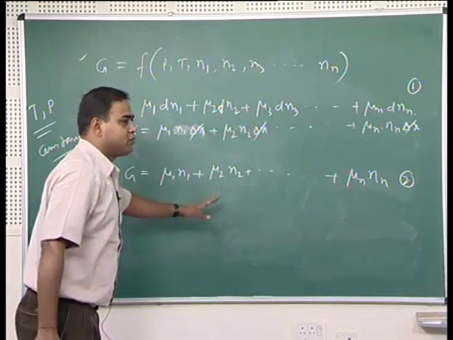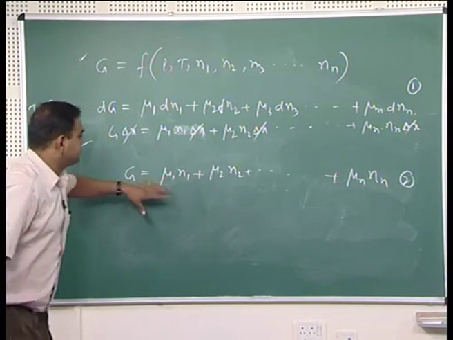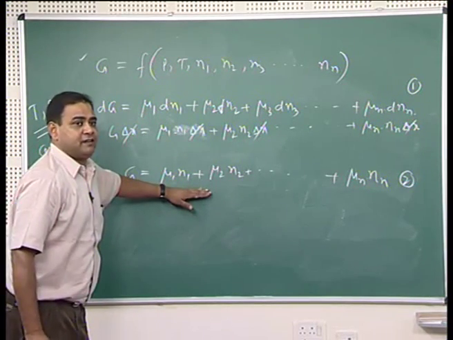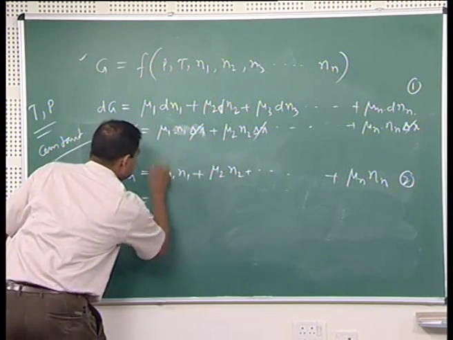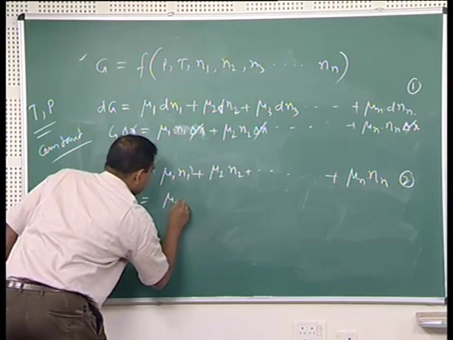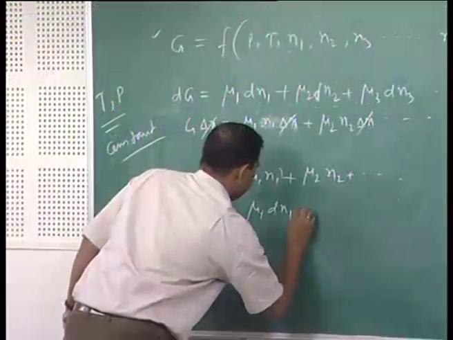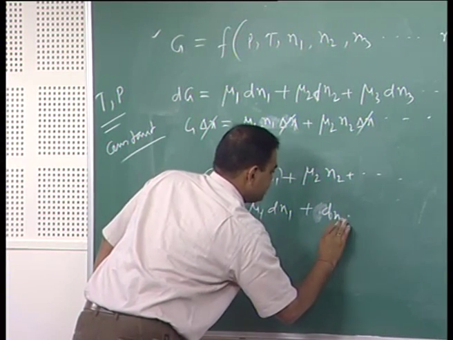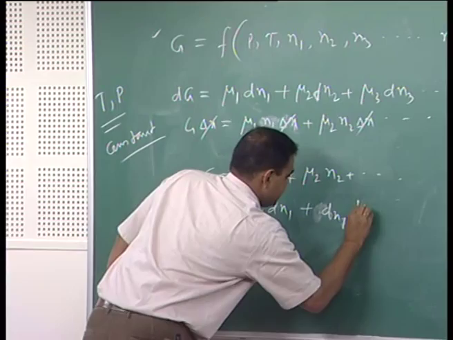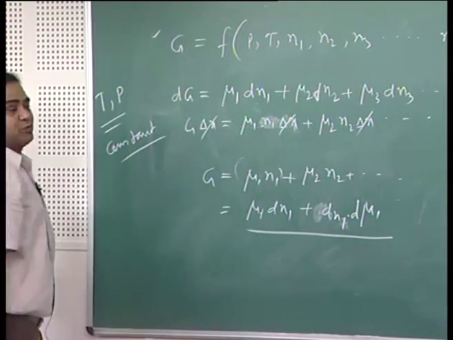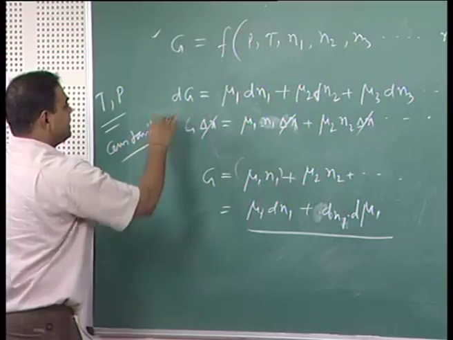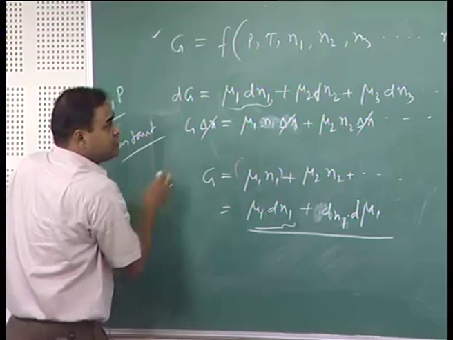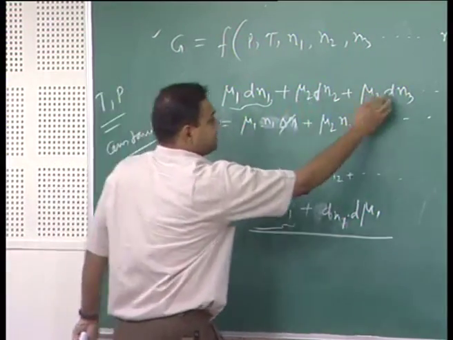Now, you can also get the third one if you just differentiate this term, the other terms, and then replace this into this after differentiation. For example, if you differentiate this, then you will get mu1 dN1 plus N1 d mu1, like this expression you would get, and replace this, and finally you would get that this term and this term are the same.